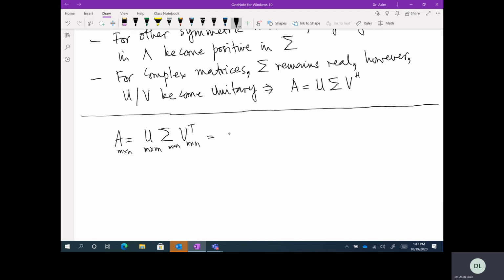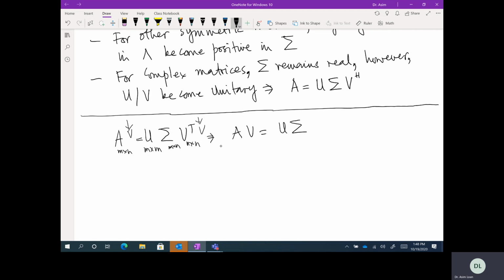I can multiply V on both sides, which implies A times V equals U times sigma.